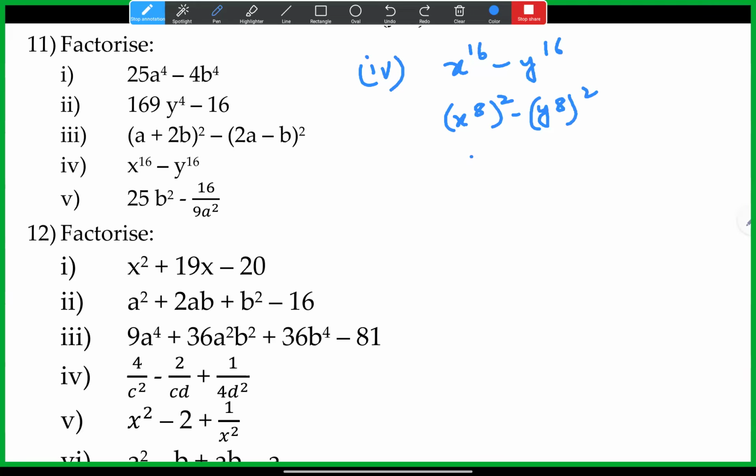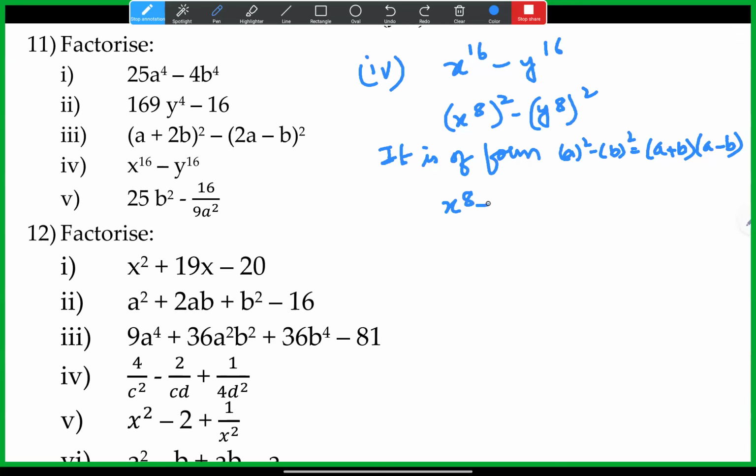So it is of the form a square minus b square, which is a plus b into a minus b. So a is x power 8 and b is y power 8. If we compare, what will you get, Maisha?